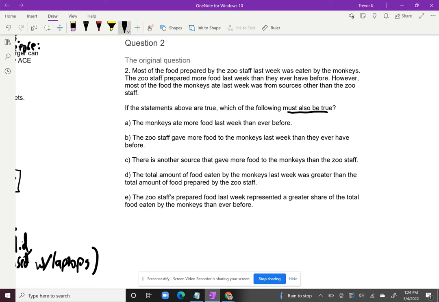So most of the food prepared by the zoo staff last week was eaten by the monkeys. The zoo staff prepared more food last week than they ever have before. However, most of the food the monkeys ate last week was from sources other than the zoo staff. So let's lay this out. Most of the zoo staff food is eaten by monkeys.